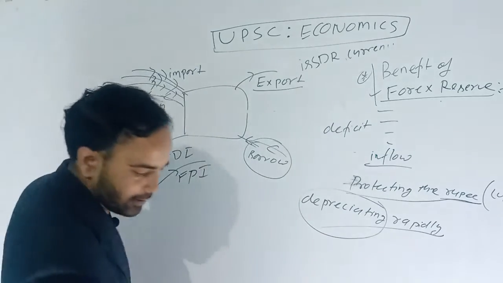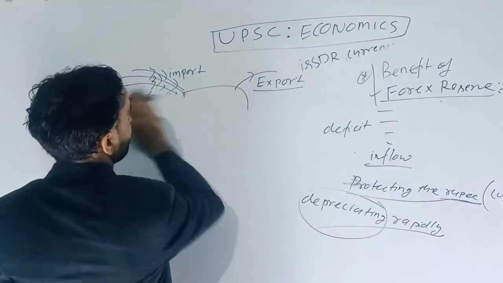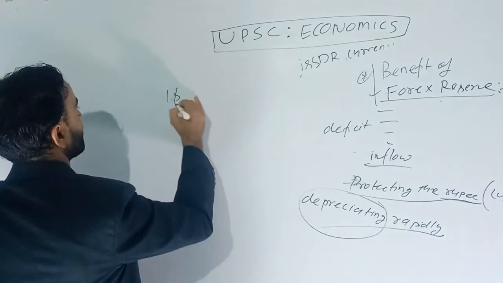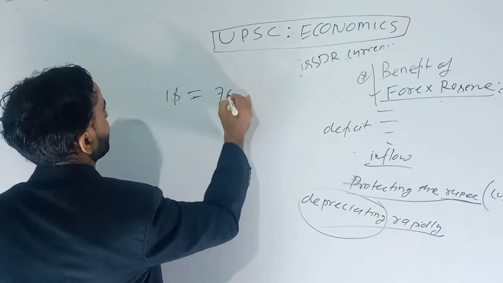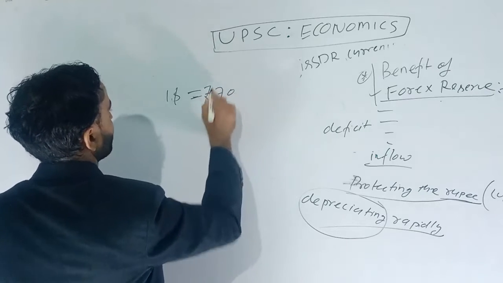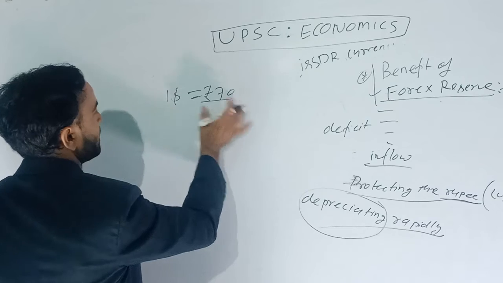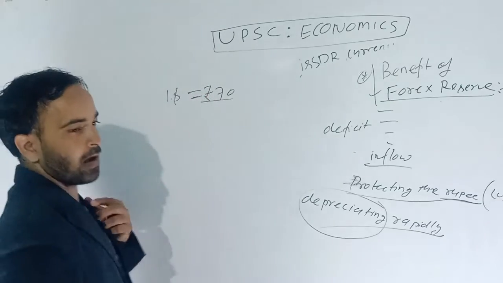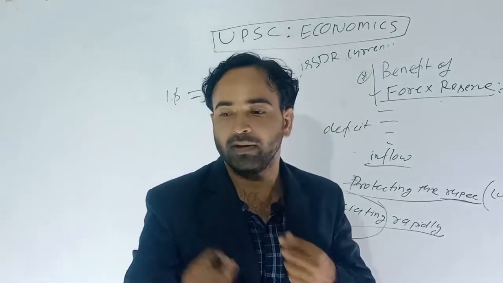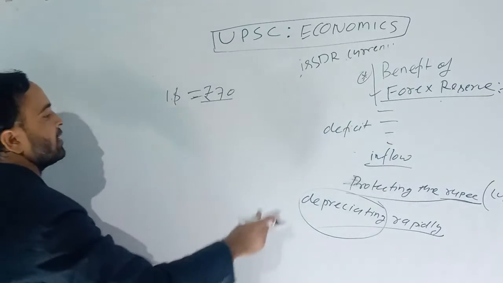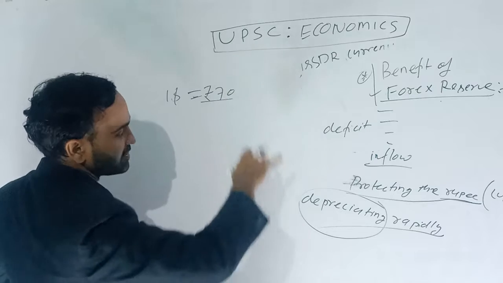Now, understand very clearly. In the earlier classes, I have told you. Let us suppose $1 equals 70 rupees. It means I have to give only 70 rupees to get $1. Now what is happening if the currency is depreciating?